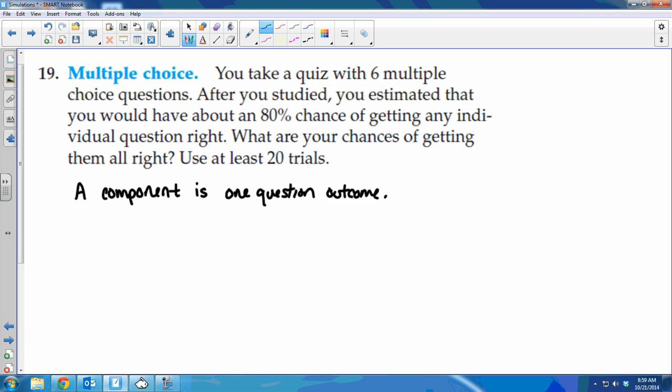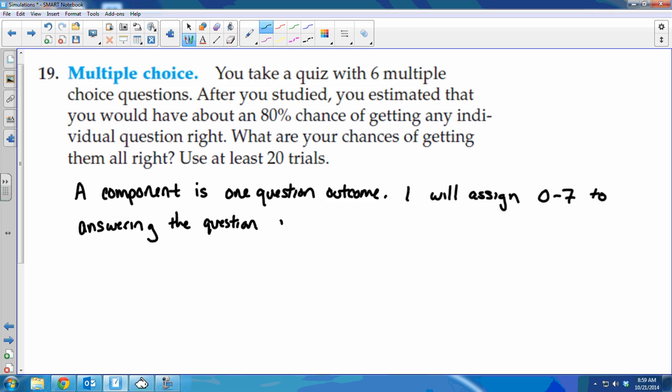So what am I going to do for assigning numbers here? Good. I will assign 0 through 7 to answering the question correctly. And then 8 through 9 to answering the question wrong.